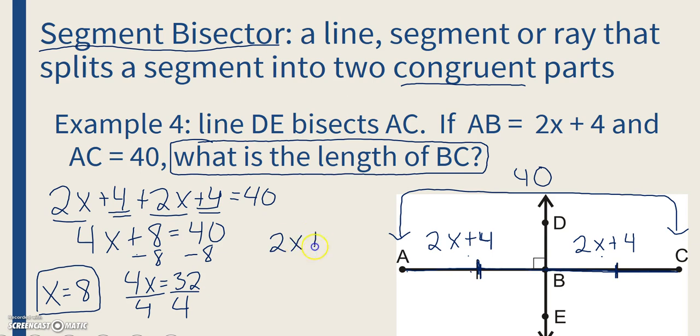So the 2x plus 4. We're going to substitute 8 in for x. And you can put this directly into your calculator. So 2 times 8 plus 4, which would give us 20. All right, so BC is equal to 20.